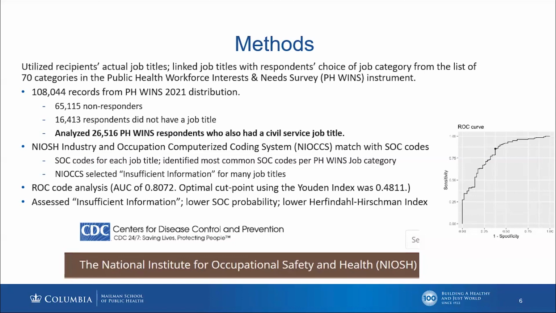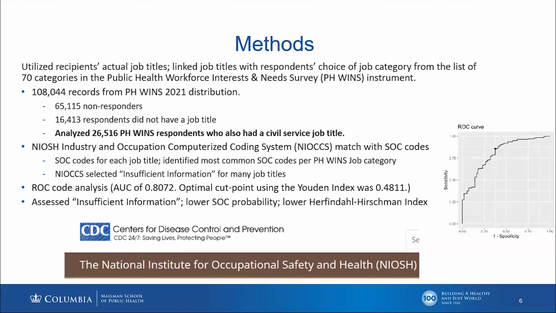We were trying to see if the matches for SOC codes were consistent, inconsistent, or unable to match. We started out using these job titles. We had to do a ton of data cleaning because there were a lot of titles that had strings of numbers or letters and a lot of mess. So we spent a long time cleaning the job title data.